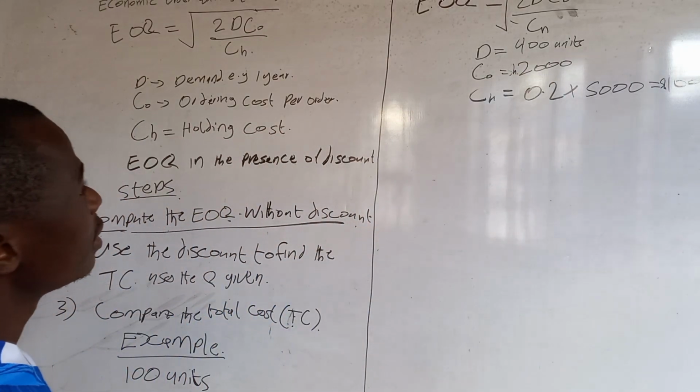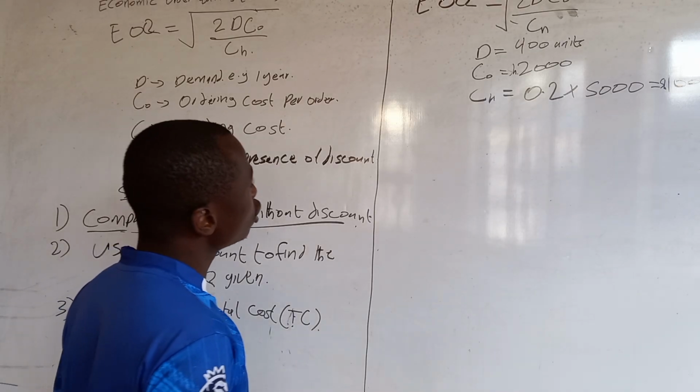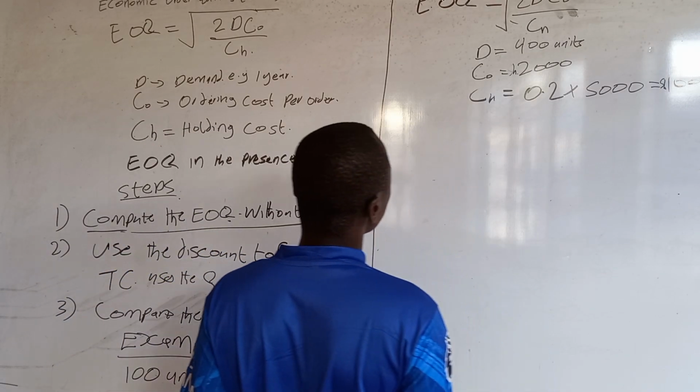Now, from there, you can see we have everything to calculate our quantity, the economic order quantity.